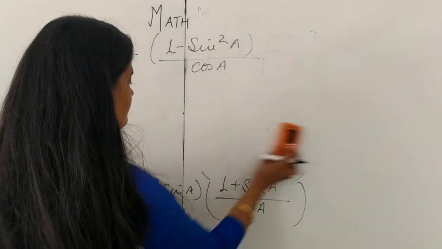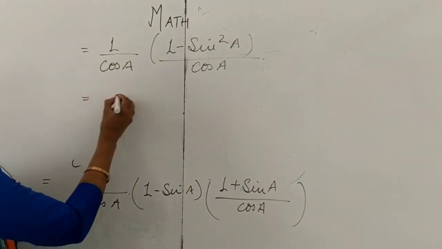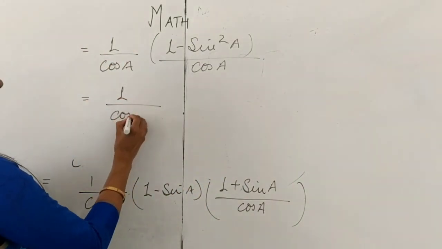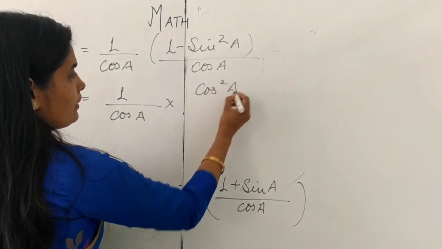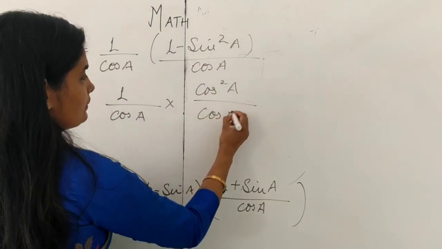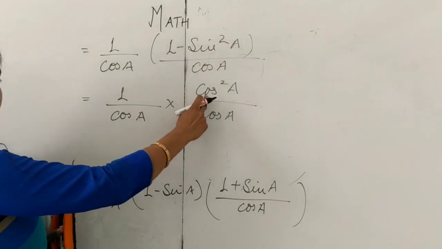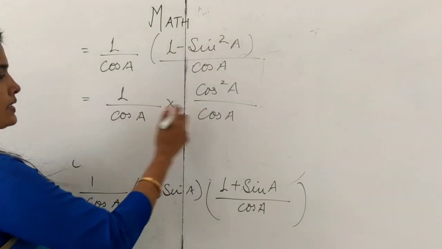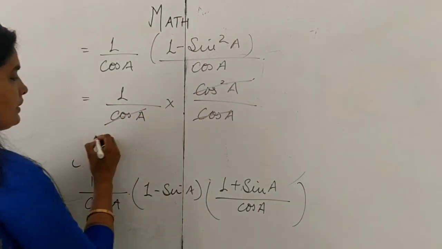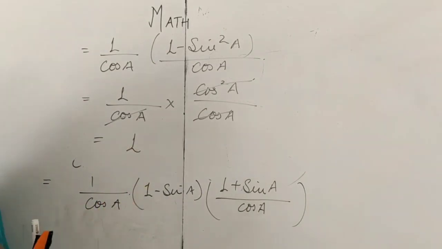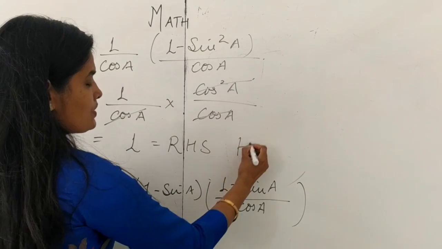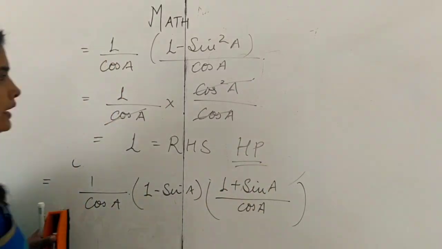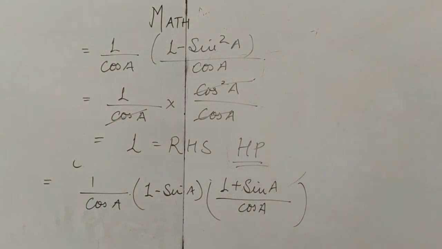So in place of this I am going to write cos square a upon cos a. Now this is cos square a and this is cos a into cos a, means you can cancel them. So what will be the answer? Answer will be 1, and 1 means this is equal to RHS. So hence proved. I hope it's clear everyone.